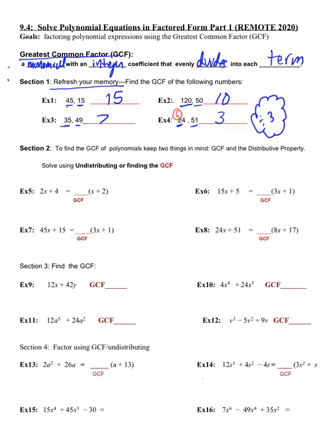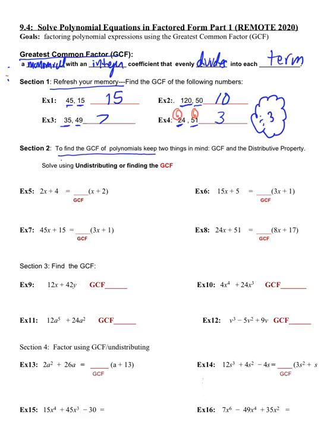Hence, 24 is divisible by 3. And then 5 plus 1 is 6 also, letting you know that 51 is also evenly divisible by 3. Sometimes I think the way 51 looks, a lot of people think it's prime, but in fact, it's 3 times 17.